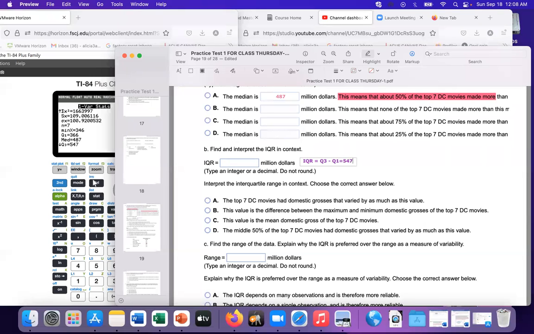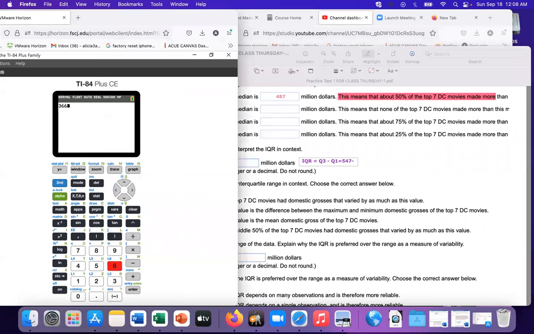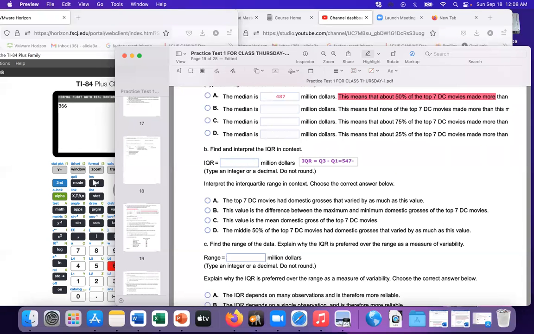So Q3 is 547 minus Q1, which was 366. Oh my, I put it over there instead. 366, so at least I know what it is. And now I will perform that calculation on my calculator. This is actually the last problem I'm doing. It's out of order.